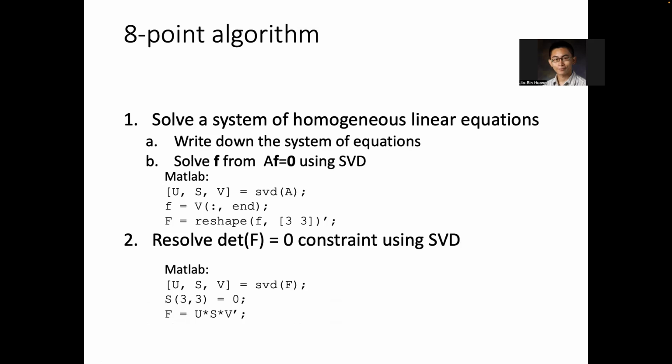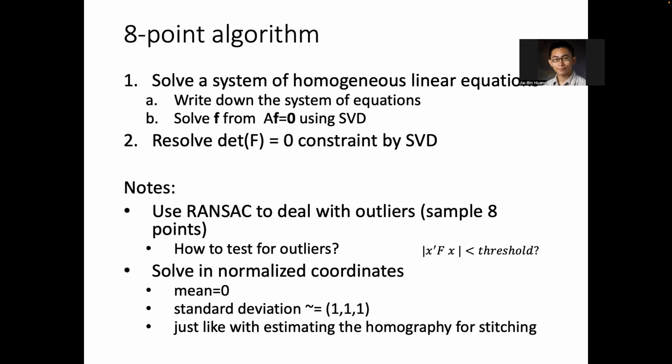All right, so this algorithm works if all the pairs of correspondence are correct. The problem is that you don't know which pairs are the inliers, and therefore you need to run RANSAC to deal with that. The process is very similar to the image stitching process.